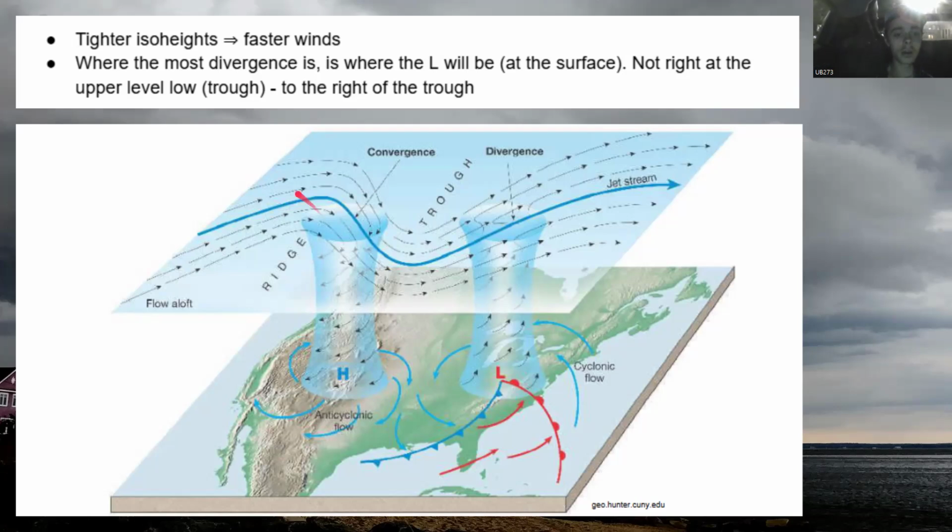That convergence is going to cause air to be pushed down, sink, and now there's increased mass at the surface, and that means higher pressure there. And once again, that's not right at the ridge, it's right after it. Review the other video if you don't remember that.